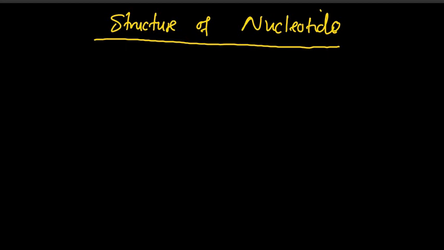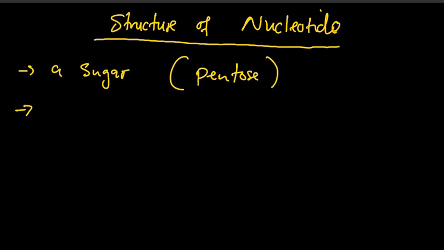Now, the structure of a nucleotide, which is going to make up both DNA and RNA. Every nucleotide is going to have a sugar, mostly a pentose sugar, a 5-carbon ringed sugar. Then we also have a phosphate group.